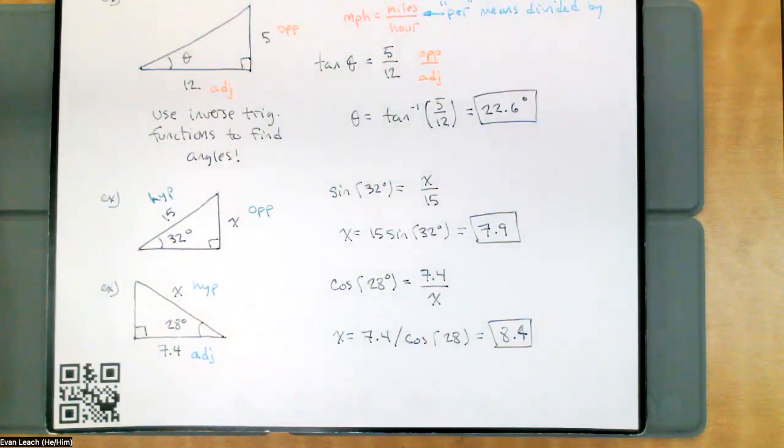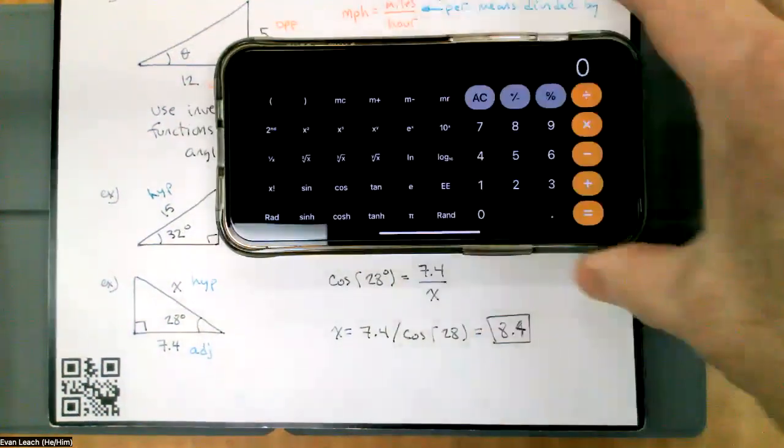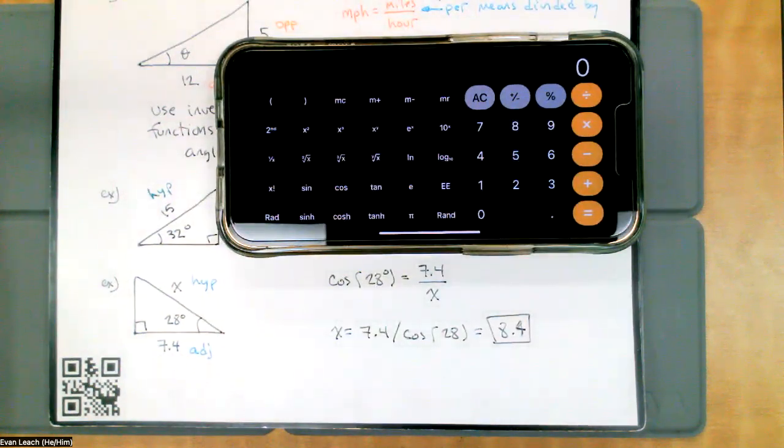On your iPhone calculator, Android calculators, apparently that's how you get to type stuff. You could be like, oh, 7.4 divided by cosine 28 and then equals. Is that true? Here's the fun that we get to have on iPhone calculator. Let's do this like we had a calculator from the 70s.